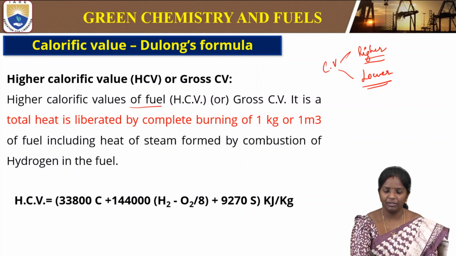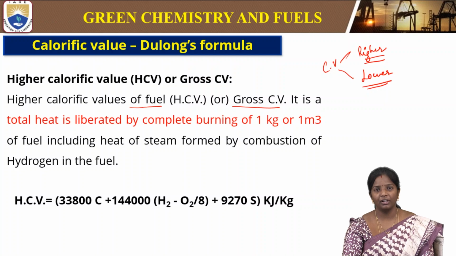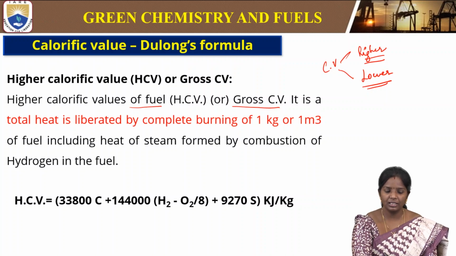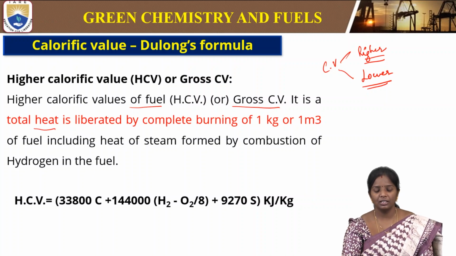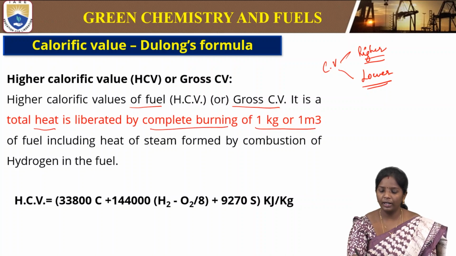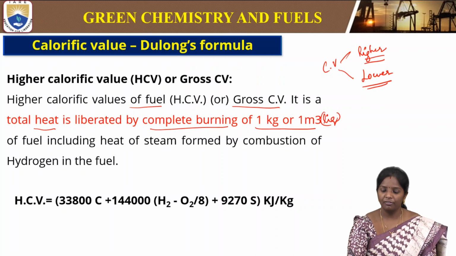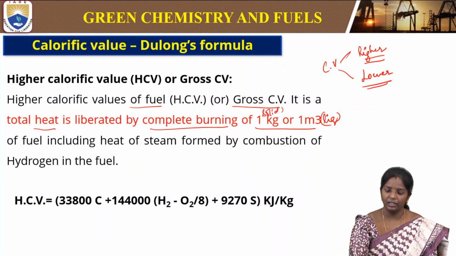So the higher calorific value of fuel, or the gross calorific value. Gross calorific value and higher calorific value are different terms that we use, and it is the total heat liberated by complete burning of 1 kg or 1 cubic meter of fuel. If the fuel is in a gaseous or liquid state we use 1 cubic meter; if it is a solid fuel, we use 1 kg.